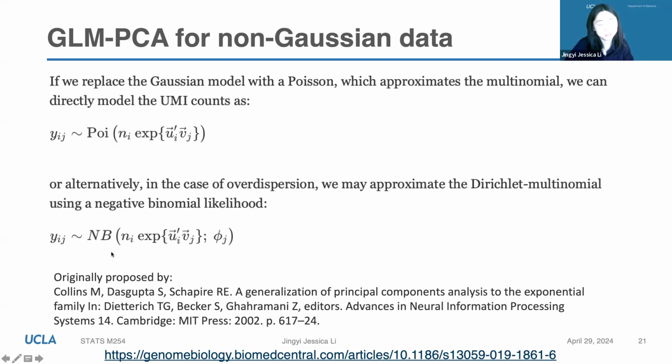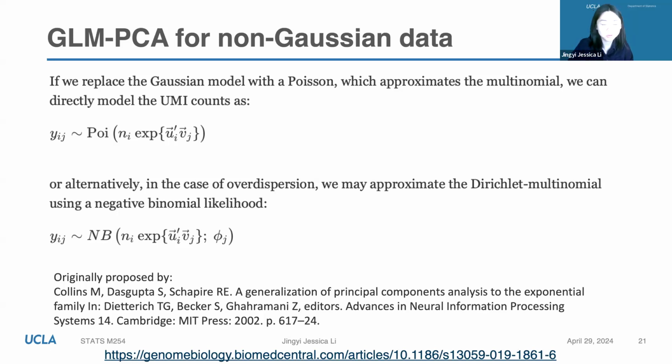Basically with this, we are going to fit this model, and it becomes an optimization problem to maximize the likelihood. By maximizing the likelihood, you search for what is u i, a k-dimensional vector, and what is v j, a k-dimensional vector. Of course, the optimization problem will be more complicated than PCA, because PCA is just eigen decomposition.